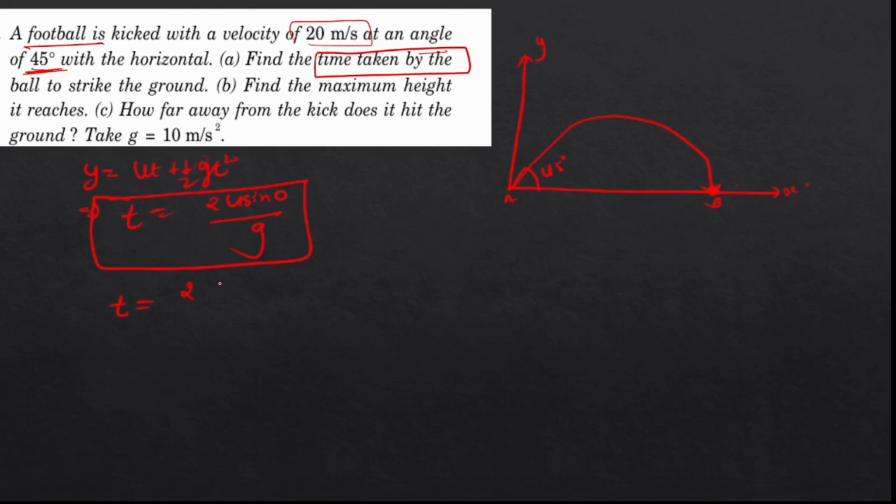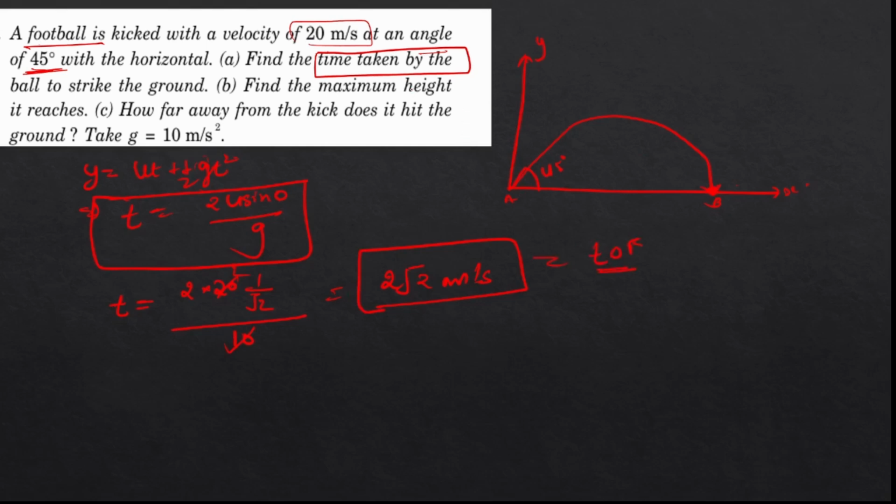Its initial velocity is 20, the angle is 45, and sine 45 is 1 upon root 2. When we solve this, we will get 2 root 2. So this much would be the time that this football will take to reach the ground, or we can say the time of flight.